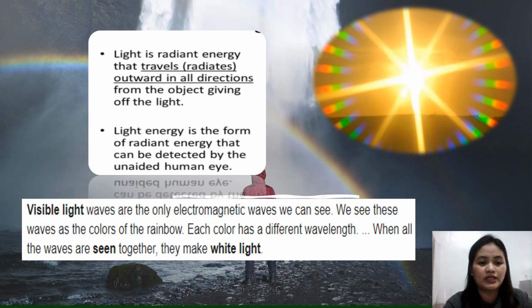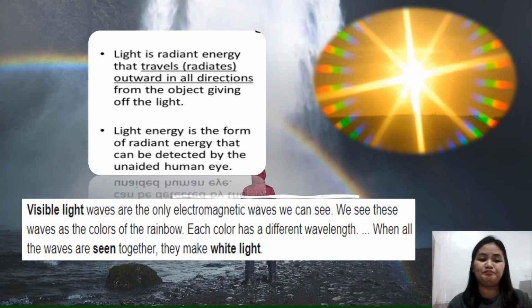We see these waves as the colors of the rainbow. Each color has a different wavelength, as what is mentioned in your points to remember, meaning each color of the rainbow is unique. They are not exactly the same with each other. When all the waves are seen together, they make white light.